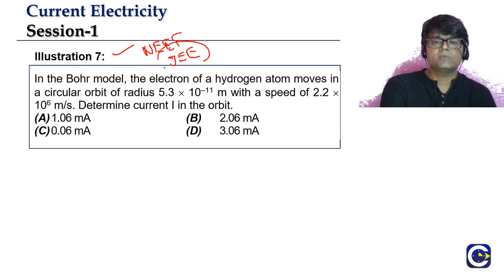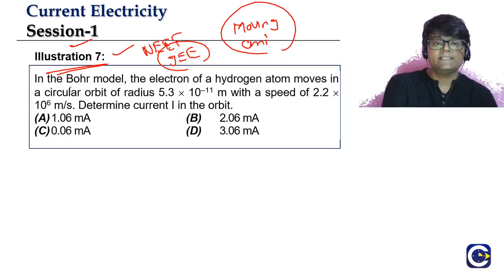So look at these questions, guys. We have 3 questions based on whatever we have covered in this session. And this concept, especially problem 7 we are seeing here, we'll be using in other chapters also, like moving charges and EMI.